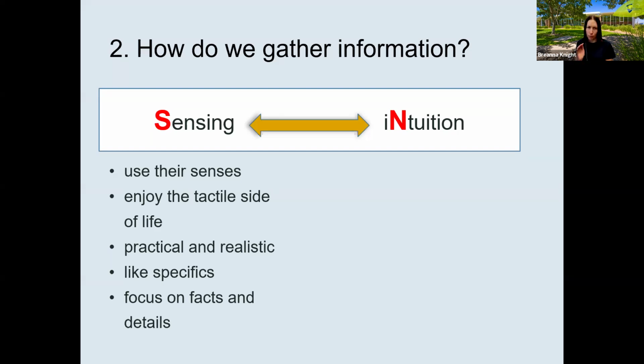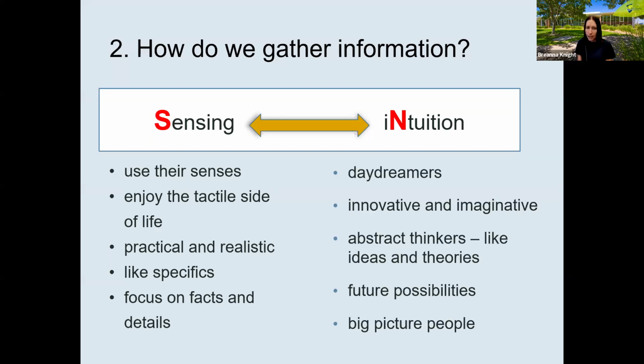They like to focus on the facts, the details, those sorts of things. Someone who's a bit more intuitive, sometimes these people are thought of as a bit of daydreamers. They like imagining. They're abstract thinkers, like to think of the future, big picture. So these ones are a little bit of a mix of the learning styles categories as well.